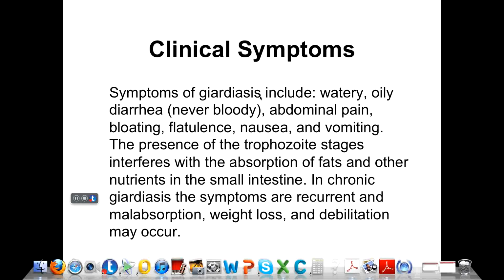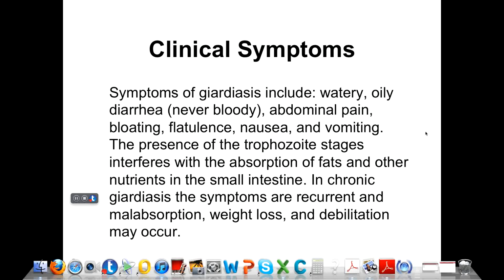So the clinical symptoms then do include watery, oily diarrhea, which is never bloody, so it is not dysentery. The amount of diarrhea can be pretty abundant depending on the severity of the infection. The patient typically experiences abdominal pain, bloating and flatulence associated with CO2 production by Giardia, nausea, and sometimes vomiting.